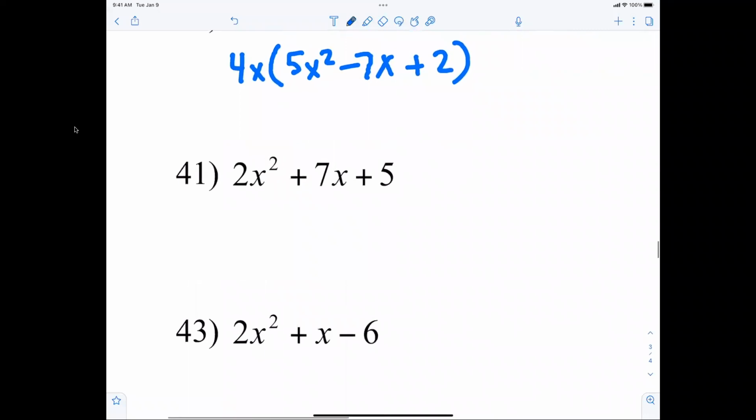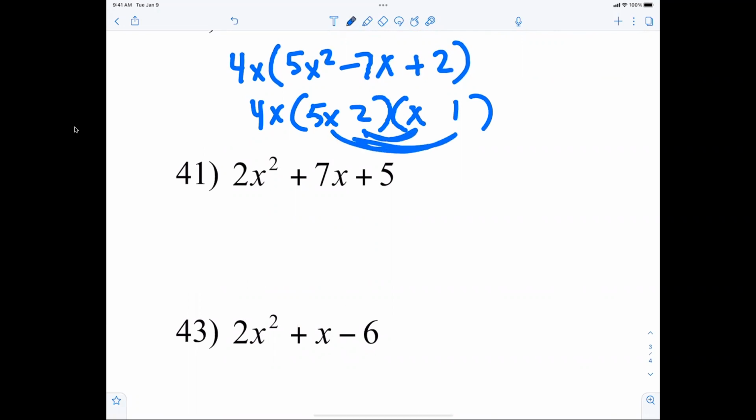Now let's go ahead and factor. How do I make 5x squared? 5x and x. Now, where's the 2 going to go? 2 is going to need to go on the left, 1 on the right. 5x and 2x makes -7 if they're both negative.